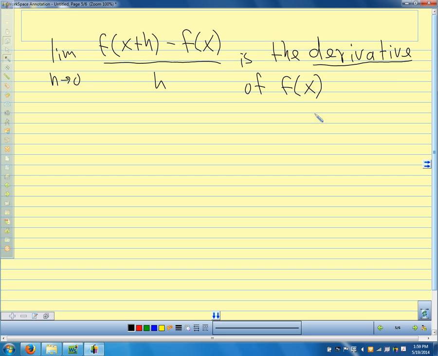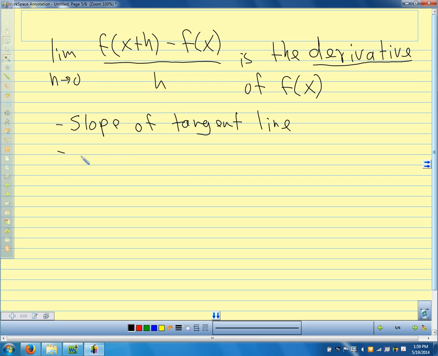The derivative tells us the slope of the tangent line at any point. The slope of the tangent line, I want to write out a few other ways that we can refer to it. So the derivative gives us the slope of the tangent line.